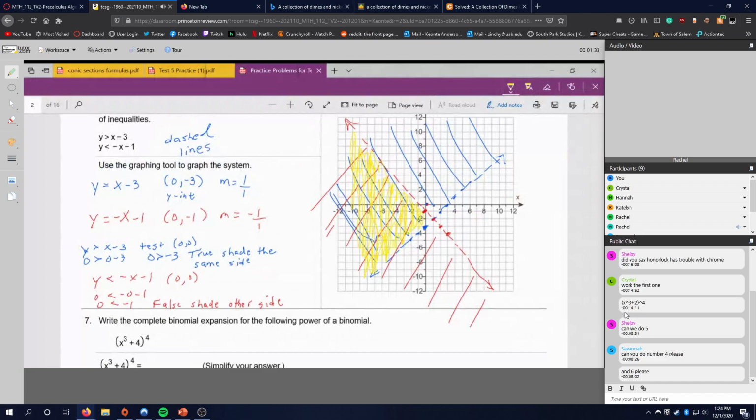That would be the part that you would use the paint bucket on in the test. On the test, in MATLAB, you would use the paint bucket to shade that section of the graph.